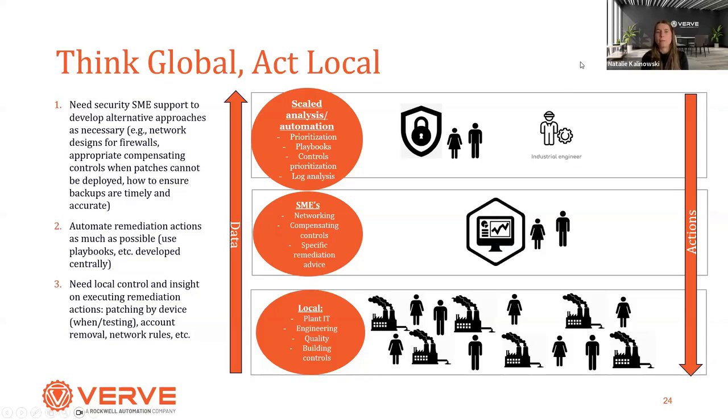And then at the top, when you have all that information to have a scaled analysis, aggregating all the information is really helpful because it allows you to make decisions at a programmatic level, like how to set up your systems and processes to make sure that, for example, your network designs for firewalls are consistent across all your sites, or that your backups are done in a timely and consistent manner. And most of all, that you're tracking this information so that you can keep up with it and prove that you are keeping up with your security posture and your security program.